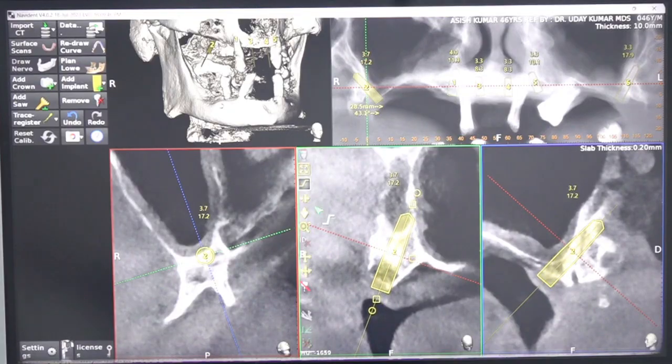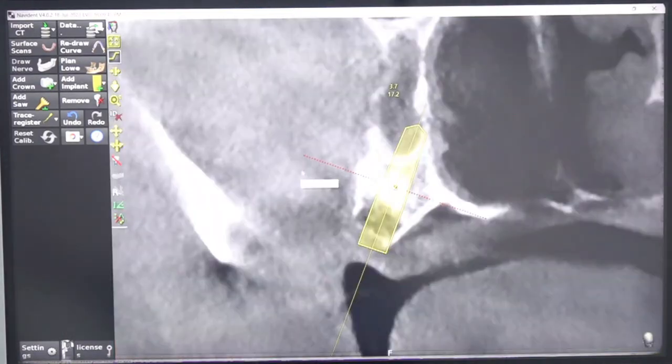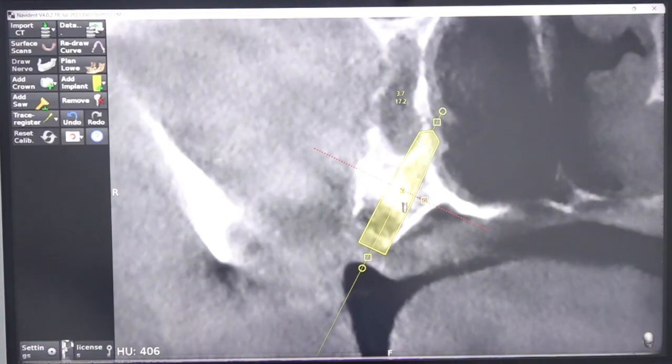Okay, so this is the bucco-palatal cross section view, tilted medially. It is around 16 mm or 15 mm mostly. Okay.